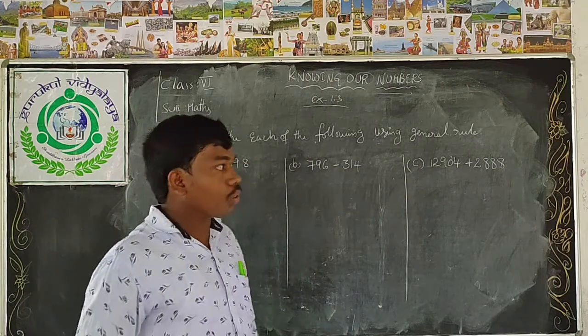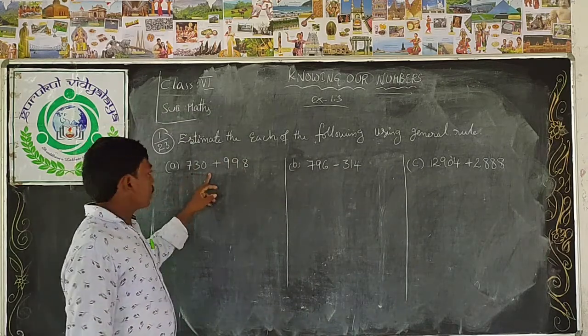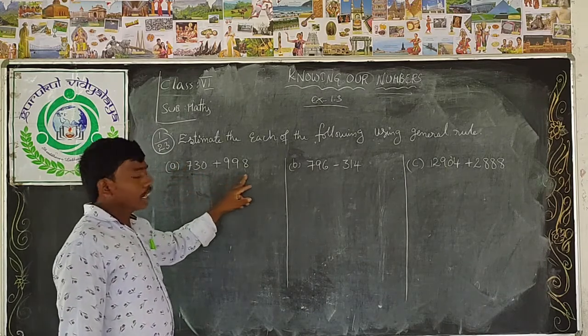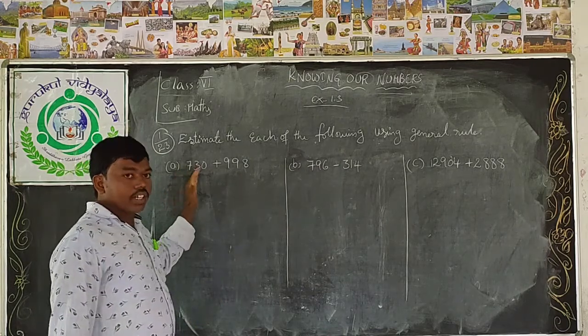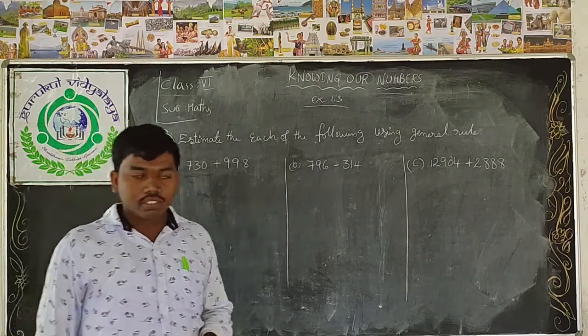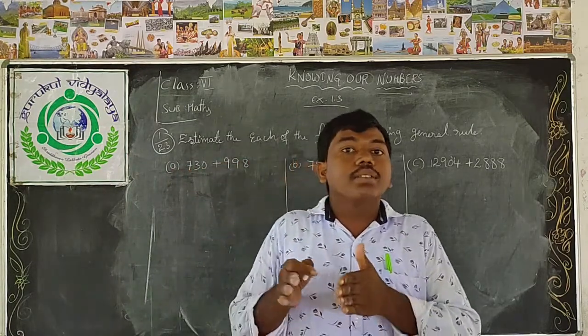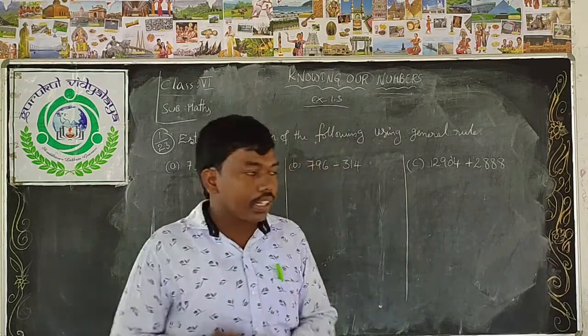So what does the general rule mean? Here the first one is A, 730 plus 998. Hundreds are given, so we can estimate the numbers, or round off to the hundreds. That is the general rule.